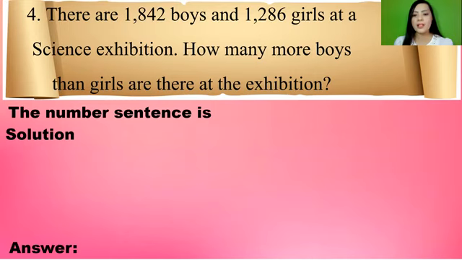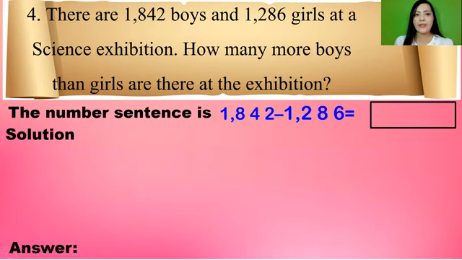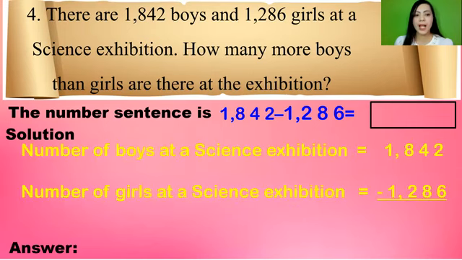The number sentence is 1,842 boys minus 1,286 girls equal to blank. The solution. Number of boys at the science exhibition equal to 1,842. Number of girls at the science exhibition equal to 1,286. All right. So let's minus.